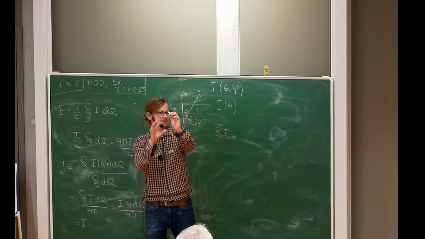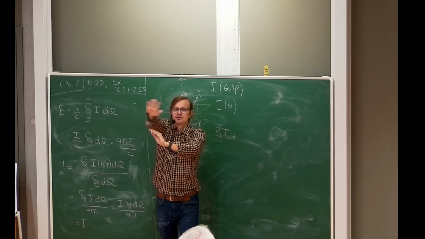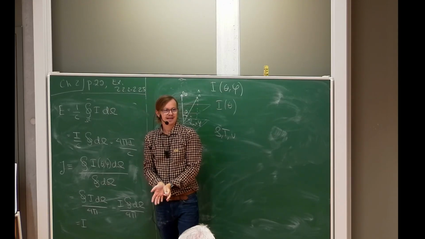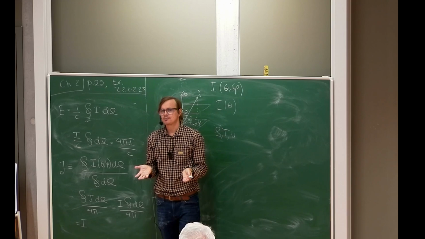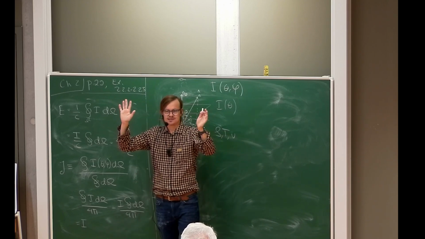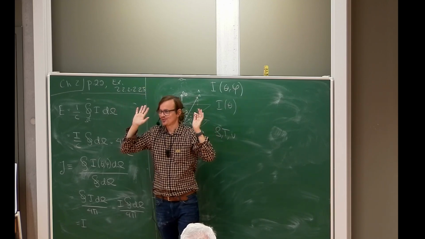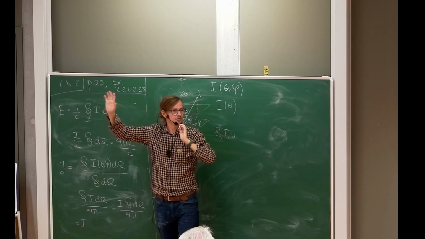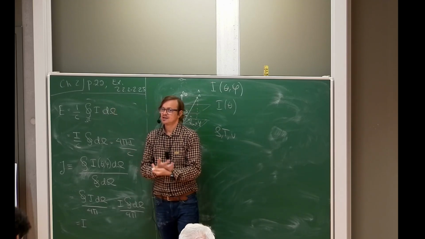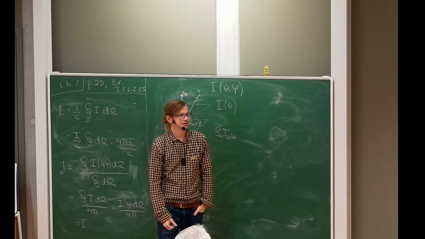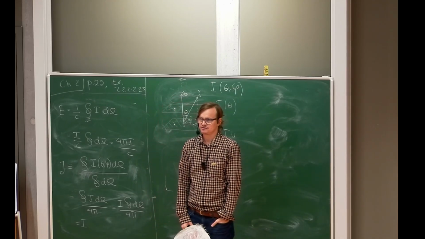But if you at each layer of the star make a big circle at a certain radius, then the properties are roughly constant on that circle. This is a zeroth order approximation because, of course, there can be flows and stuff like that that disturbs this. Okay? The same thing here on the Earth can be thought about our atmosphere.